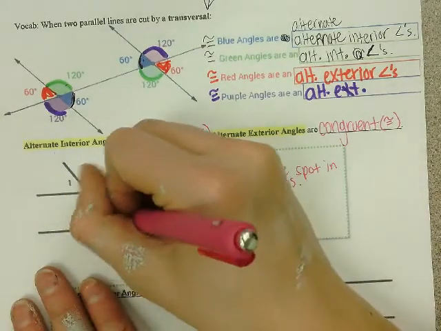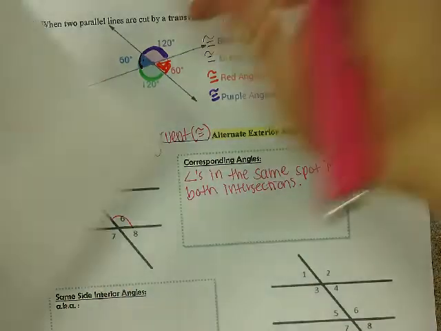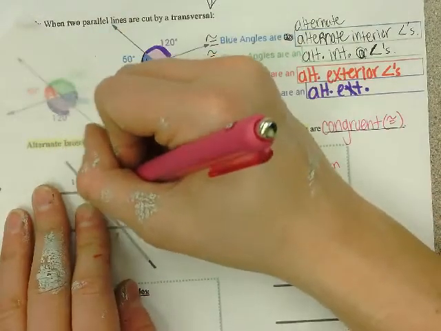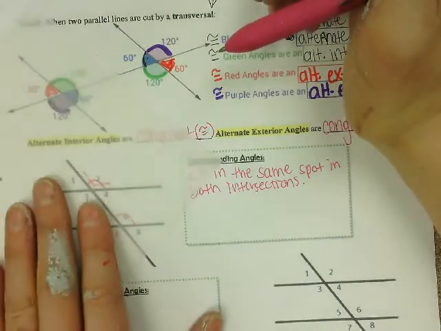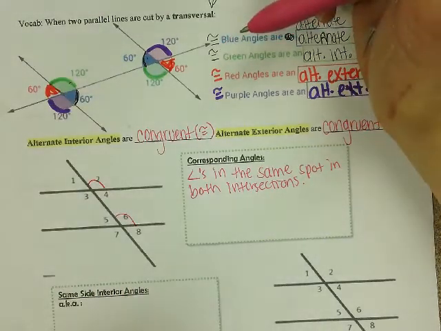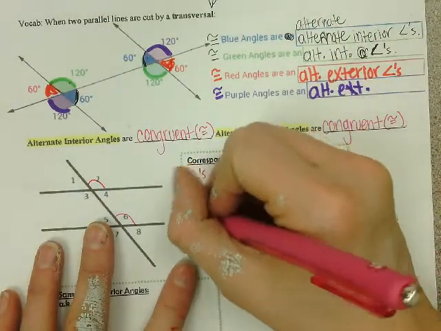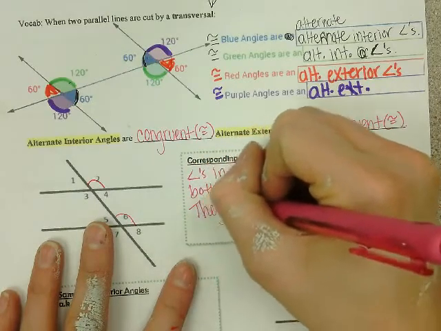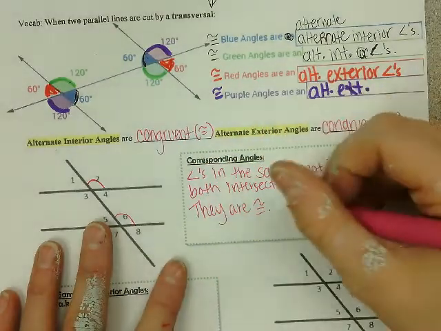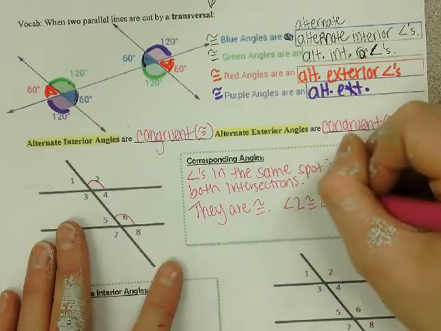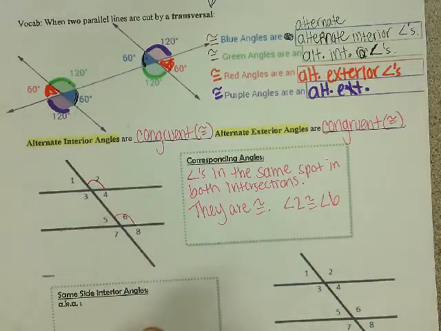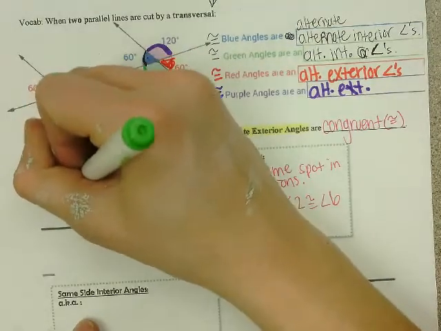6. Okay? Now, could I trace angle 2 onto angle 6? Yeah, so they are what? Congruent. Okay, so an example would be angle 2 is congruent to angle 6. All right, you could also do this if you wanted to do angle 1.